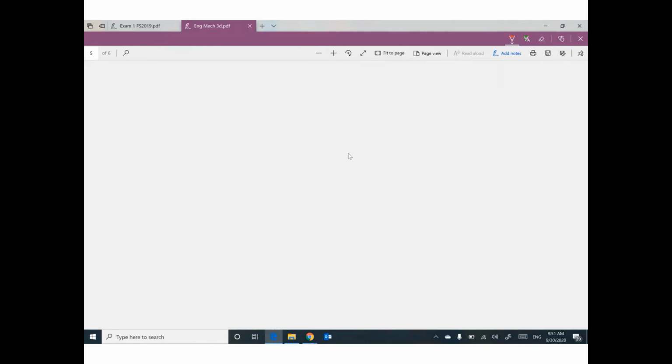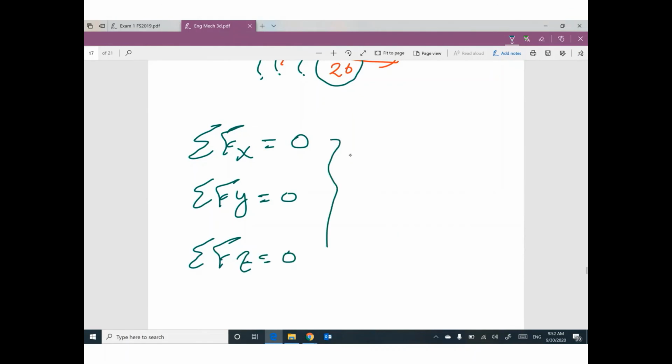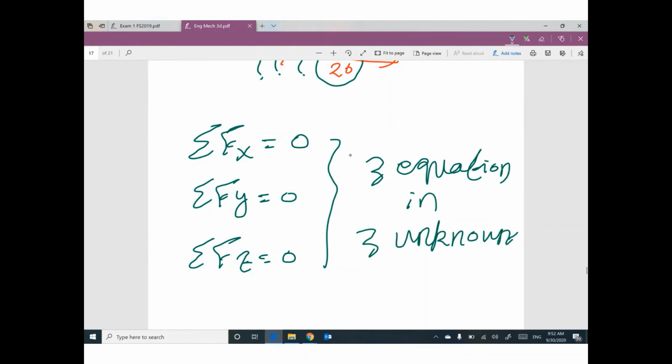If you have forces in equilibrium in 3D, summation of all X components will be 0. Summation of all Y components equals 0. Summation of all Z components equals 0. So you can set up 3 equations in 3 unknowns. So I can solve them together to figure out the value of FBA, the value of FBC, the value of FBD.